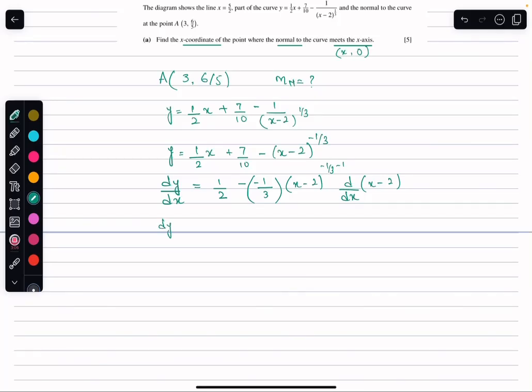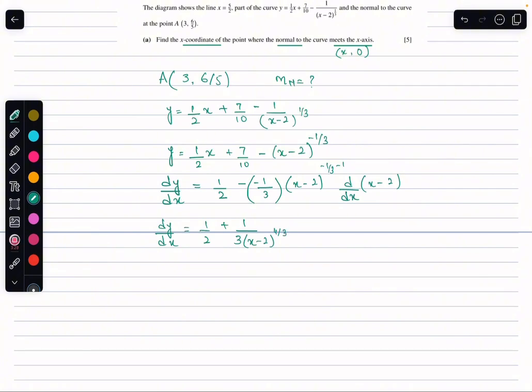So my dy/dx becomes 1/2 plus 1/3 (x minus 2) to the power of negative 1/3 minus 1, which is negative 4/3, and if taken to the denominator, it's a positive 4/3 here.